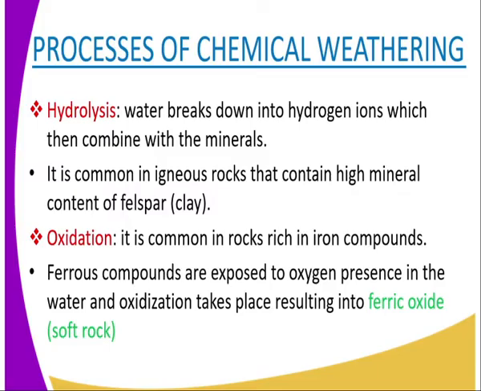For example, ferrous compounds are exposed to the oxygen present in the water, and oxidation takes place, resulting in ferric oxide. And when I talk about ferric oxide, these are soft rocks that disintegrate easily. So that is how oxidation takes place. Oxygen from the water is added to the iron compounds, resulting in ferric oxide, which is the soft rocks.